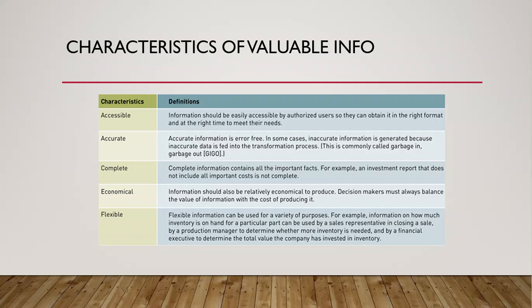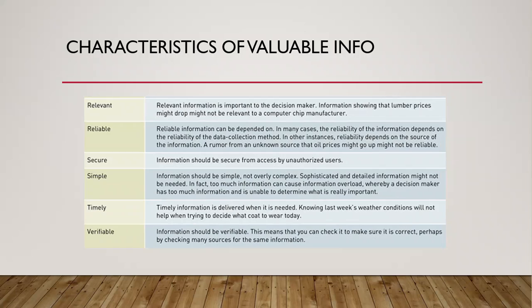And flexible information can be used for a variety of purposes. For example, information on how much inventory is on hand for a particular part can be used by a sales representative in closing a sale, by a production manager to determine whether more inventory is needed, and by a financial executive to determine the total value the company has invested.